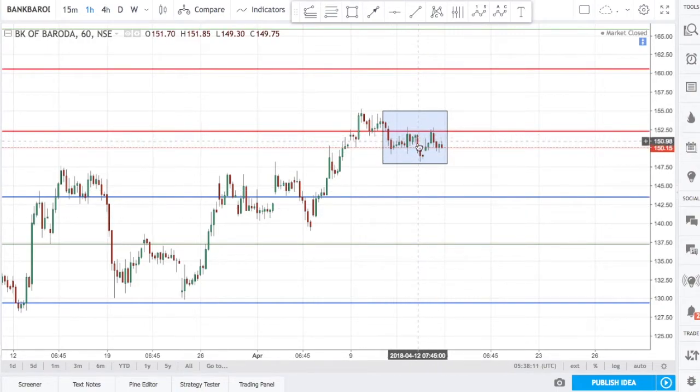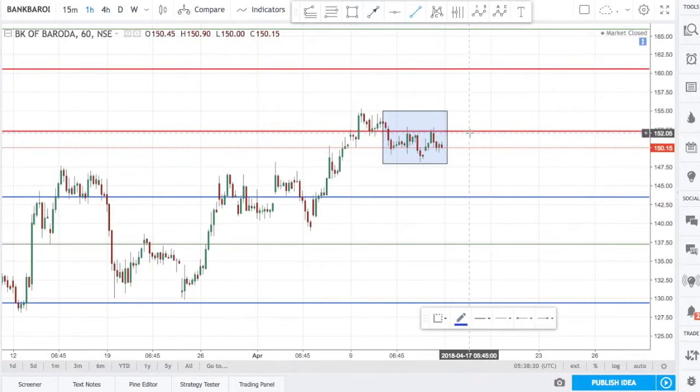This is our solid negative candle, which gives us this kind of a setup.